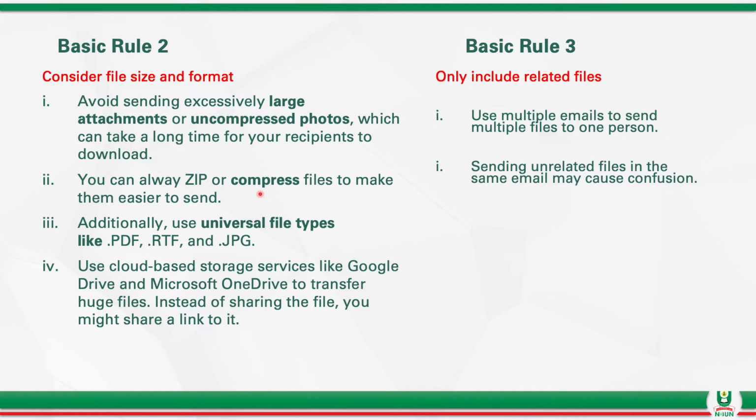Once you zip it, you can apply universal file formats like PDF and JPG. Of course, we now have cloud-based storage like Google Drive and Microsoft OneDrive to transfer whole documents. Recently, I use WeTransfer, which can also help you transfer documents that are very large.